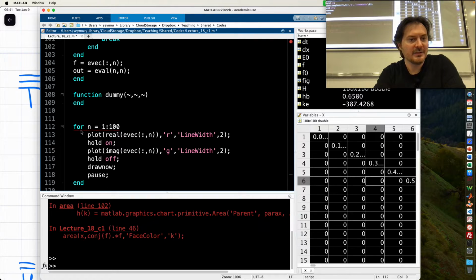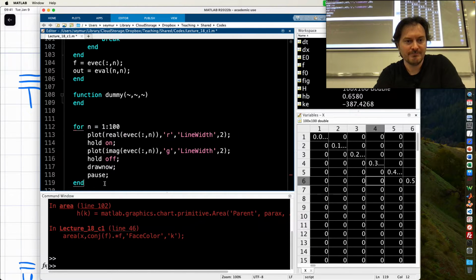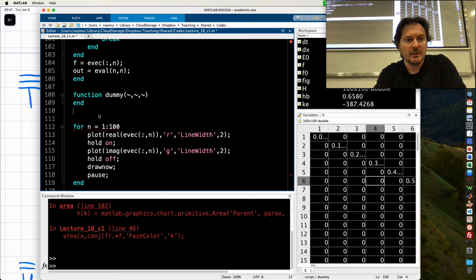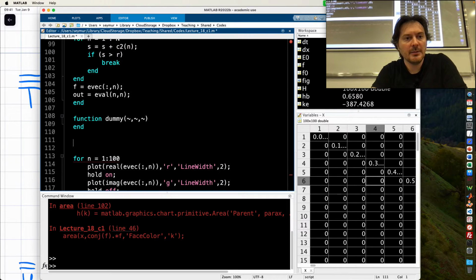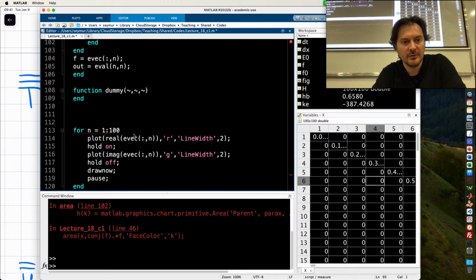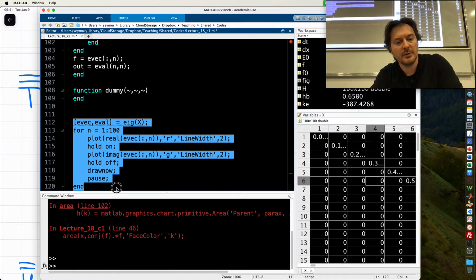Just hang in there. It will be all fine. So I'm going to find eigenvalues and eigenfunctions of the operator x. Then I'm going to plot each one, and let's see what happens.